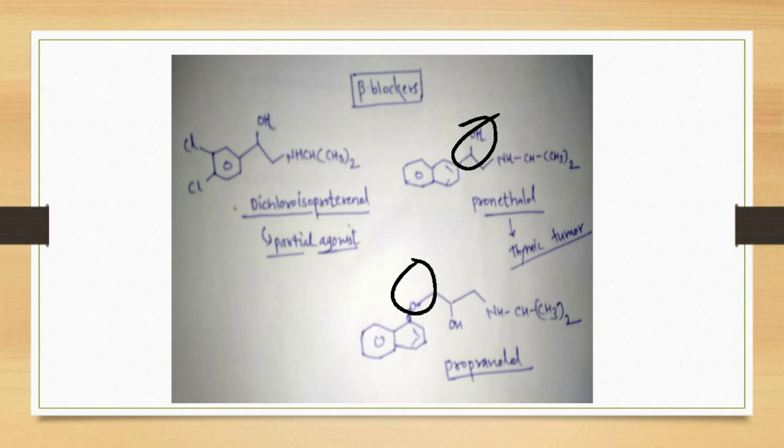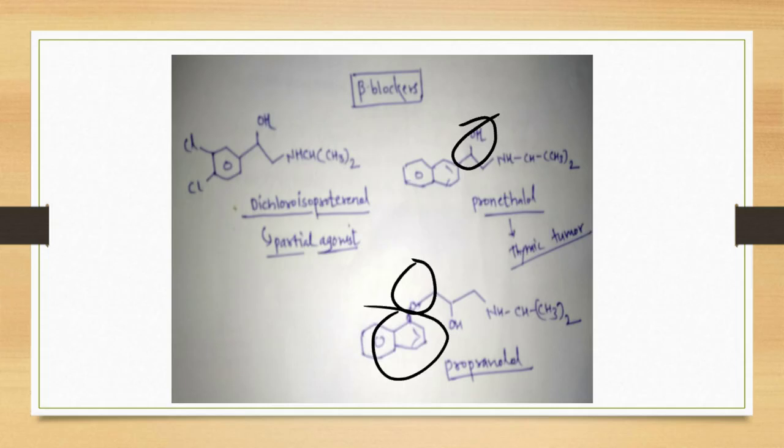Later they found that the aromatic ring and its substitution is responsible for producing the beta antagonist effect. This aryl group is also responsible for the pharmacokinetic properties along with the metabolism, as well as for producing the beta blocking or beta antagonist activity.